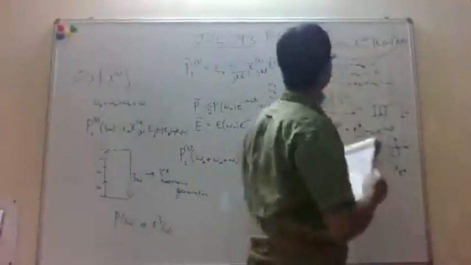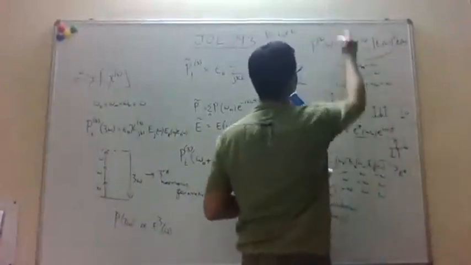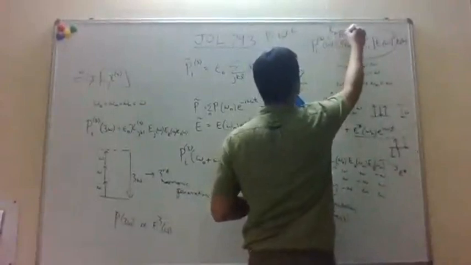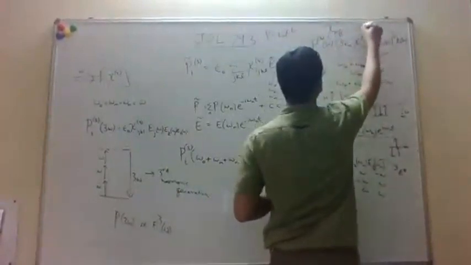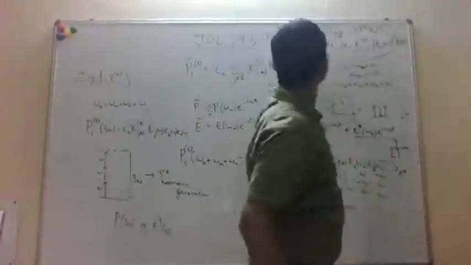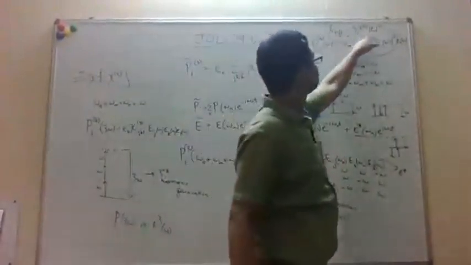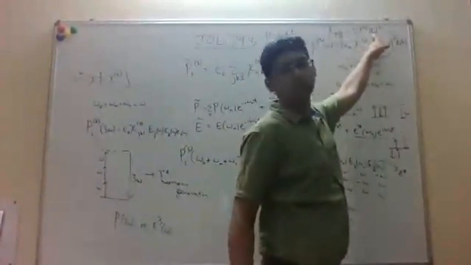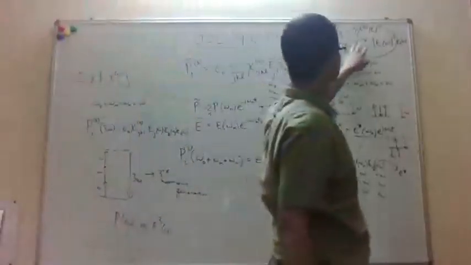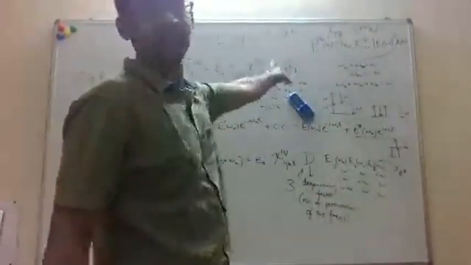So this is E, and if I define chi effective as, let's say, 3 chi 3 times mod E square, it looks like this, except this is chi effective. And you can see that's actually proportional to mod E square, which is the intensity. Okay, so this is something like an intensity dependent susceptibility, which translates to intensity dependent refractive index. We'll see.